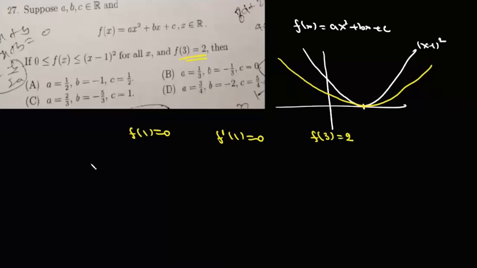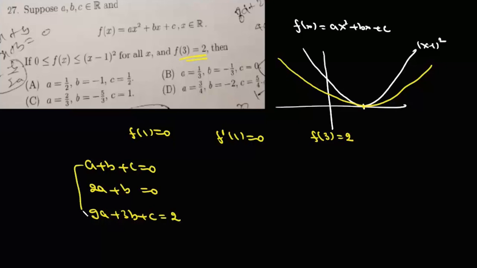Now f1 is a plus b plus c, it is 0. Now f dash 1 is 2a plus b equals 0, and f3 is 9a plus 3b plus c equals 2.